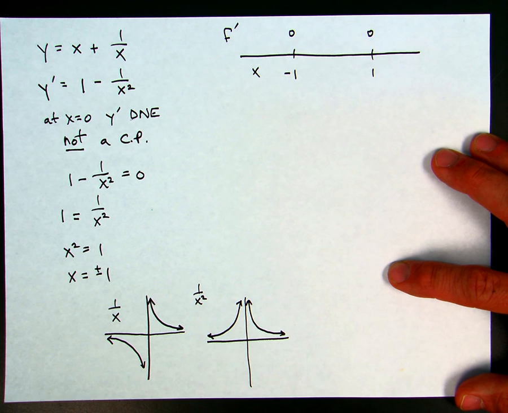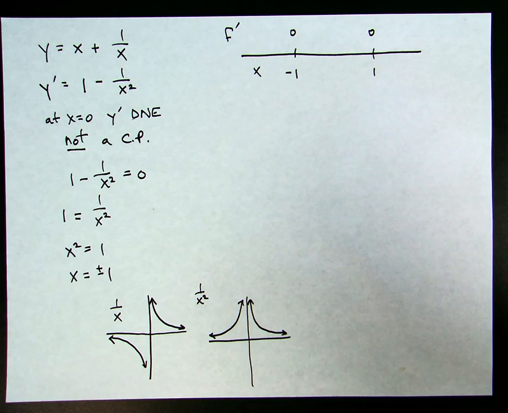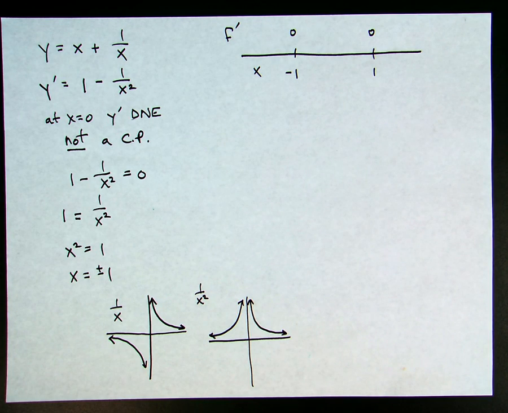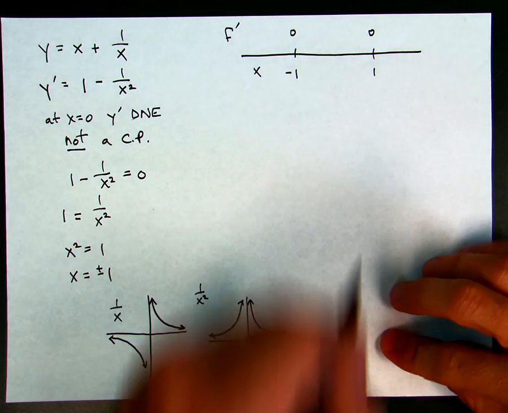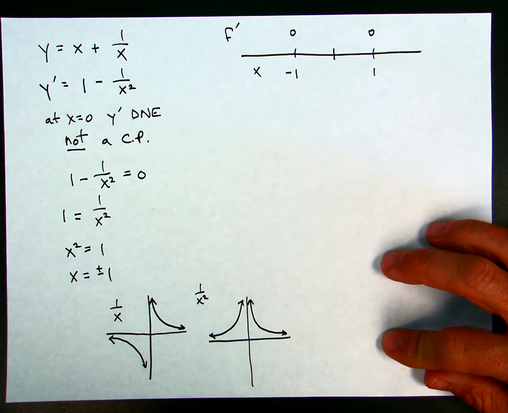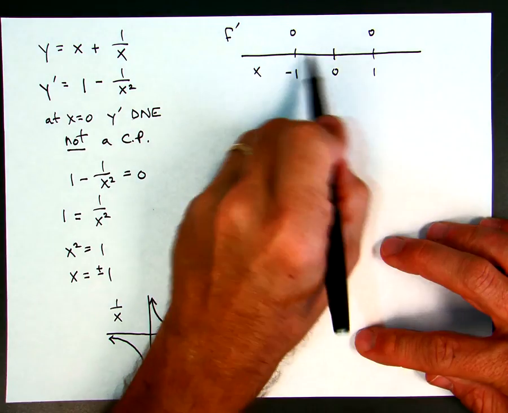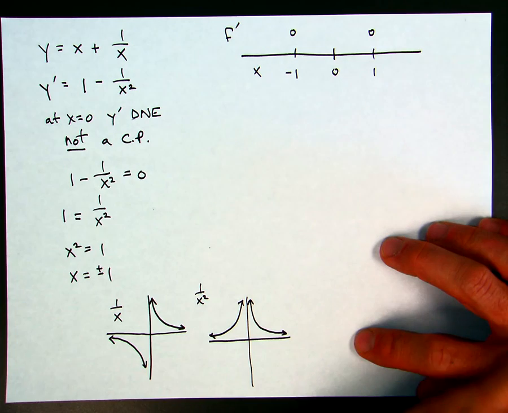And the function is increasing on this side and decreasing on this side. So the function can change from increasing to decreasing on either side of a discontinuity. So we need to keep track, even though the derivative is not 0 or undefined at that point. We need to break up this interval from negative 1 to 1 using that discontinuity.